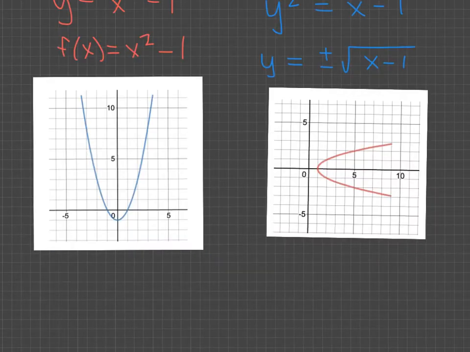Now, here are the graphs of the two functions, and I'm going to add a little bit to the graphs here. We need arrows to show that these keep going in those directions. Okay.